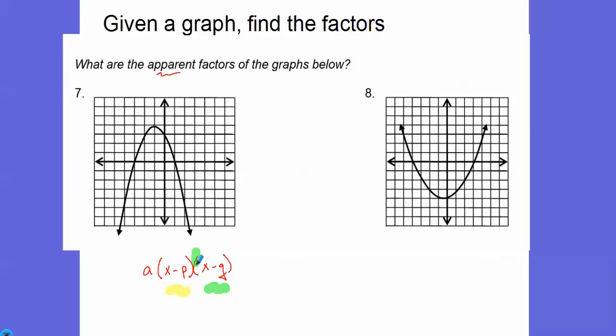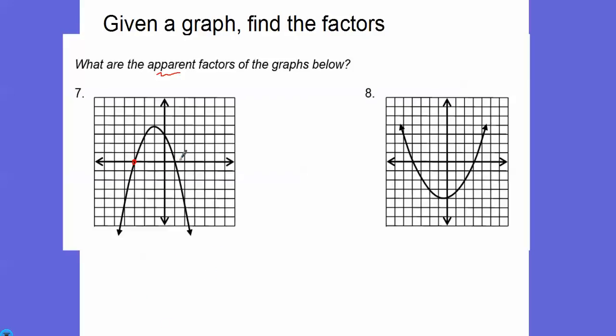This binomial here, this binomial here, I wanted to highlight it in yellow. And if it's fairly obvious, the a value and these binomials are the factors. In this case, there are 3 factors. Let's see what we come up with here.